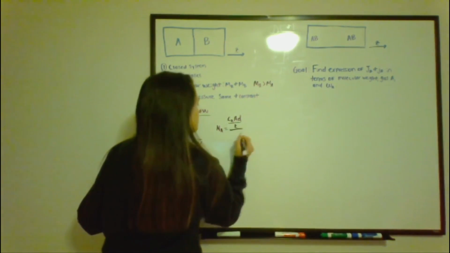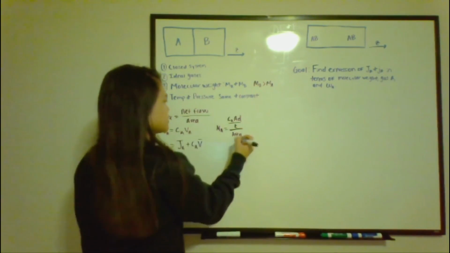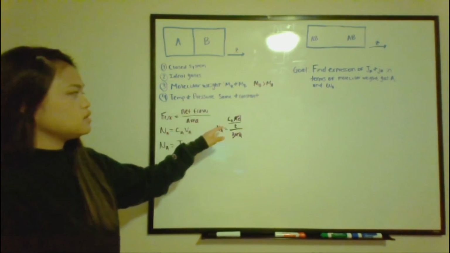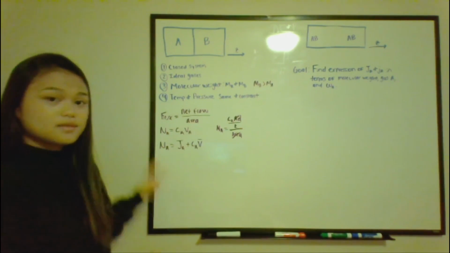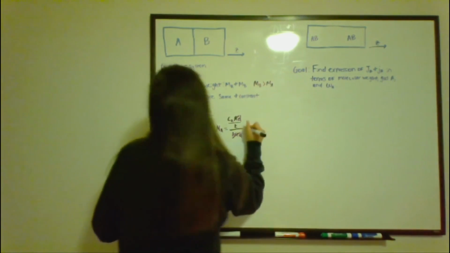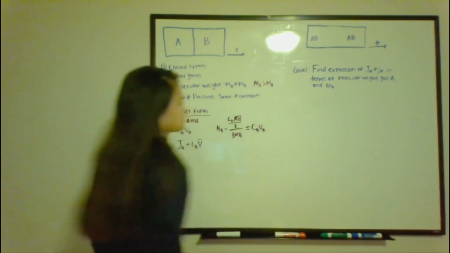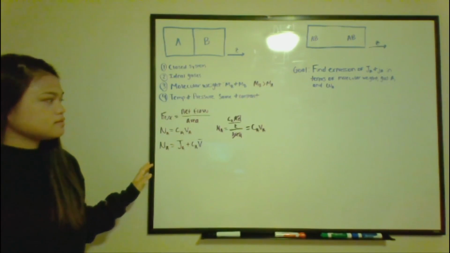We put that all over an area. Well, the areas are going to cancel, and that leaves you with the molar concentration times a distance over a time. So then that just gives you molar concentration times the molar average velocity of A.